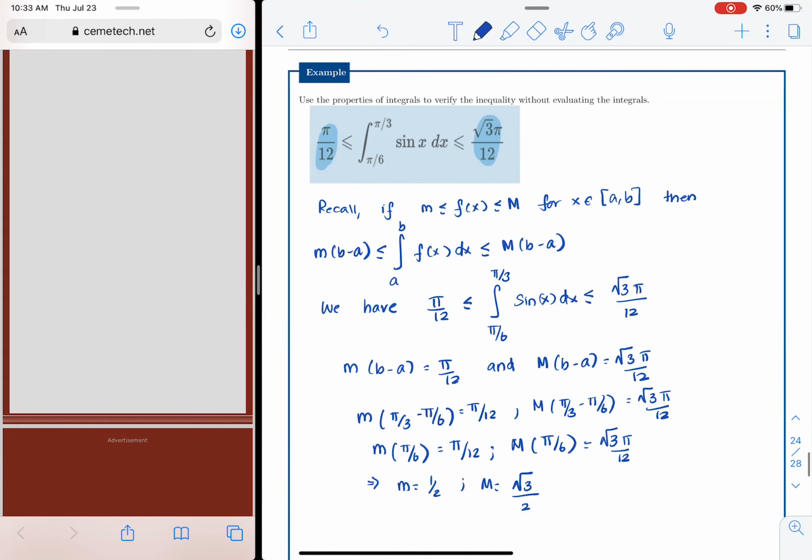So we started with this part of the property, which is right here, and we want to show that part.